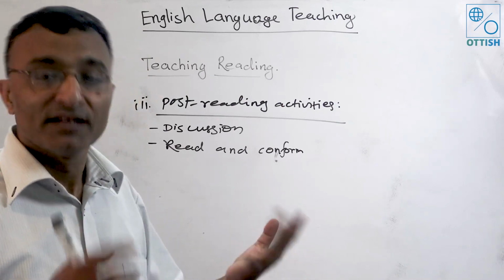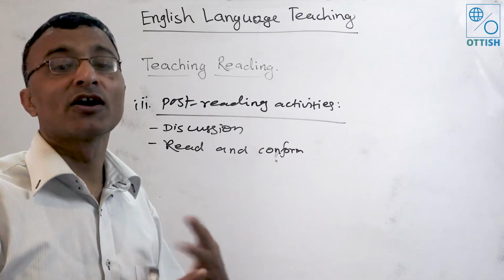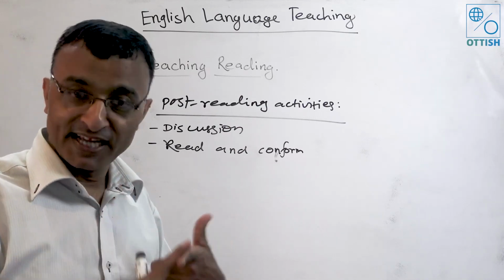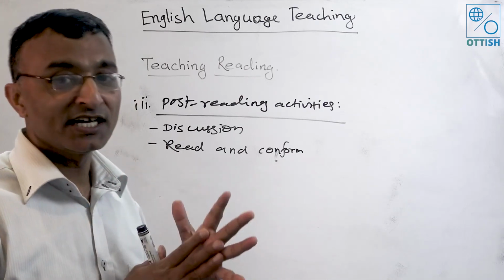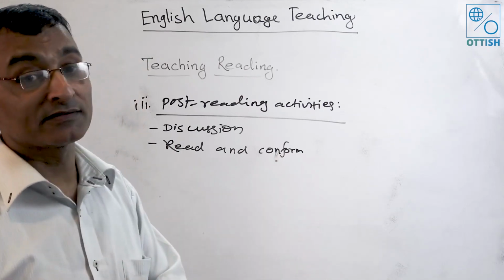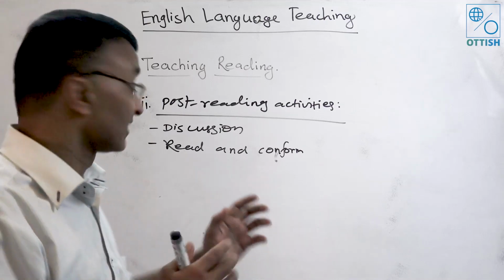For example, read and match, read and order, read and arrange, read and select true or false, read and choose, read and complete, read and tick, read and answer, read and fill in the blanks, and so on.